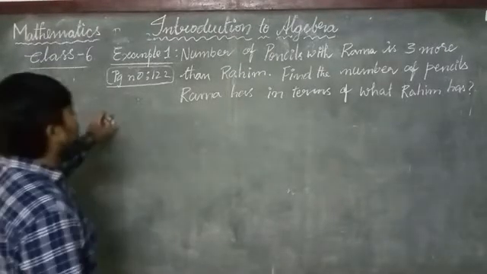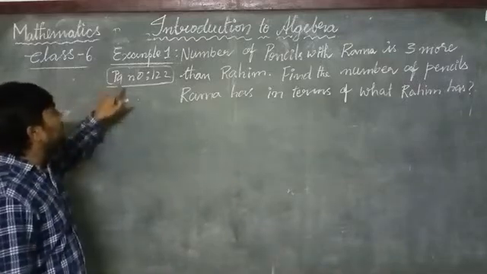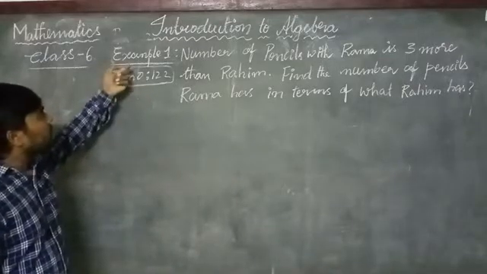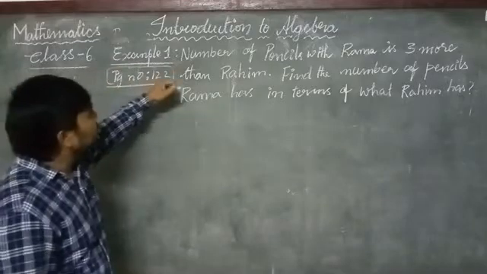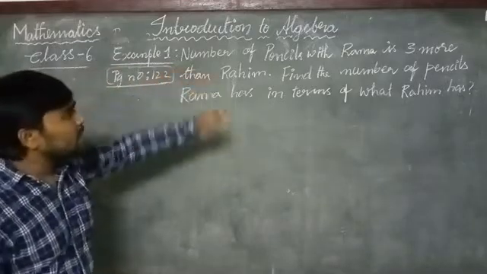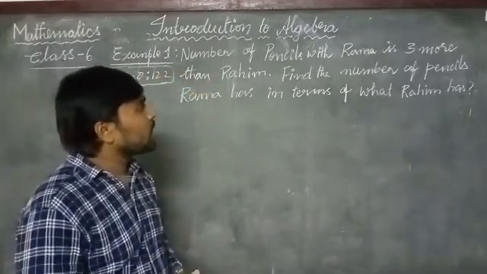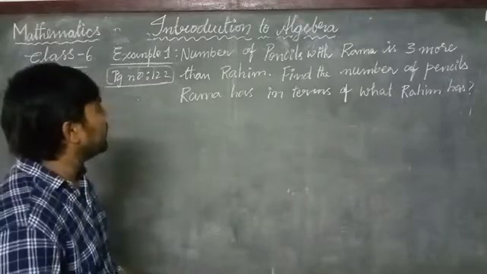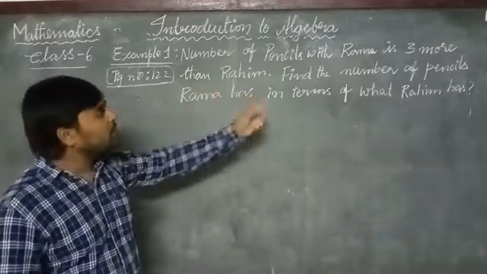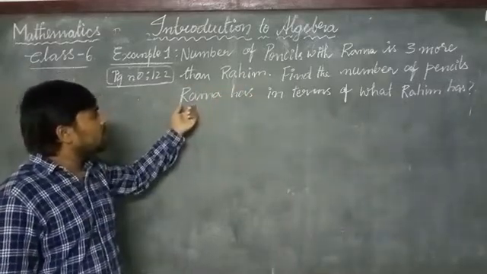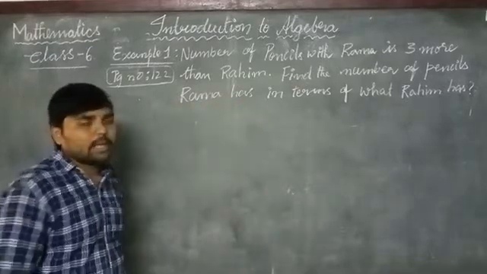The example 1 is: the number of pencils with Rama is 3 more than Rahim. Find the number of pencils Rama has in terms of what Rahim has.